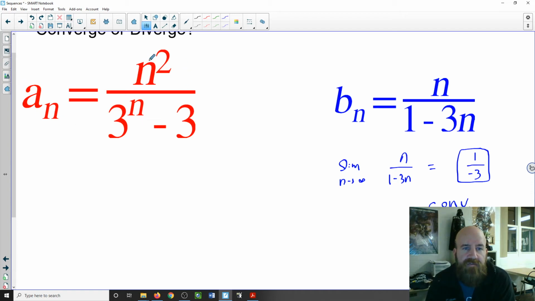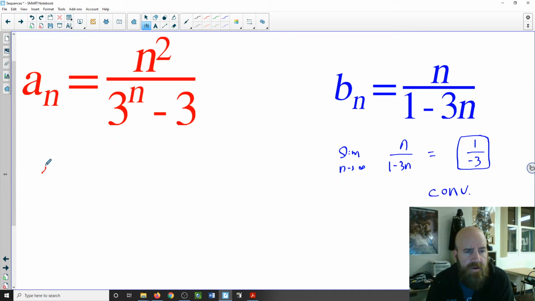Same thing here, plug in infinity, we're running our limit. We have an infinity over infinity situation. So because we have infinity over infinity, we can go ahead and do L'Hopital's rule, or we know what function grows faster, top or bottom.